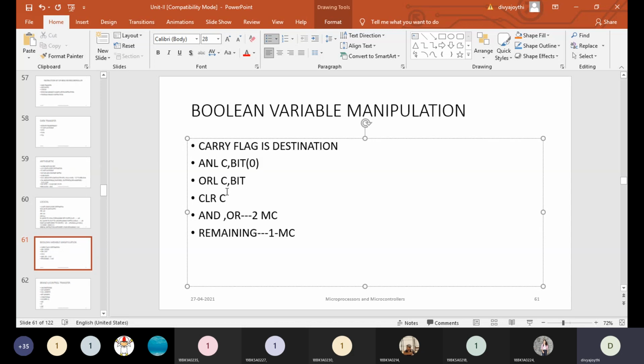See here, for performing AND operation and OR operation for the carry flag, controller requires 2 machine cycles, and for the remaining, that means clear the carry flag, set the carry flag, for all those instructions, it will be taking only 1 machine cycle. But whenever you want to perform AND operation or the OR operation for the carry flag with a single bit, controller will take 2 machine cycles.